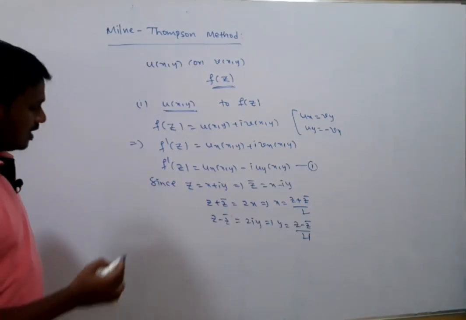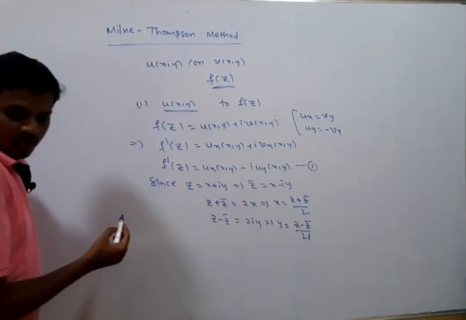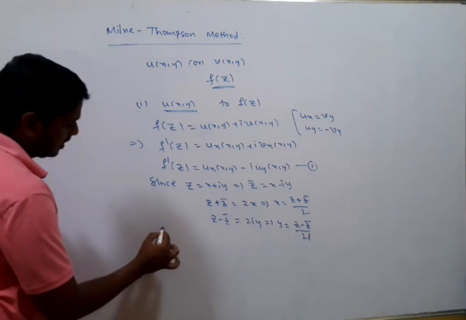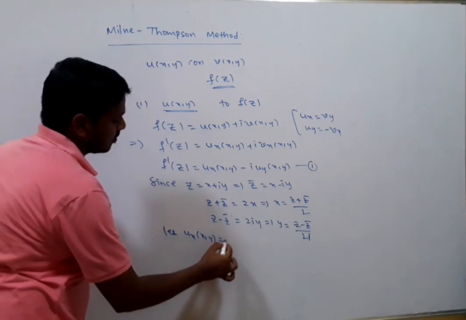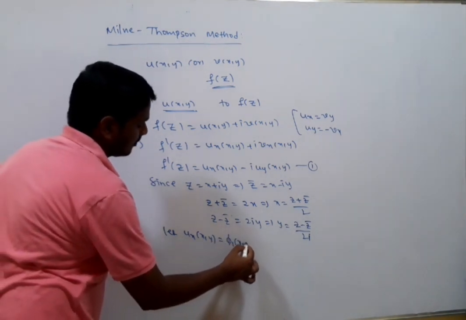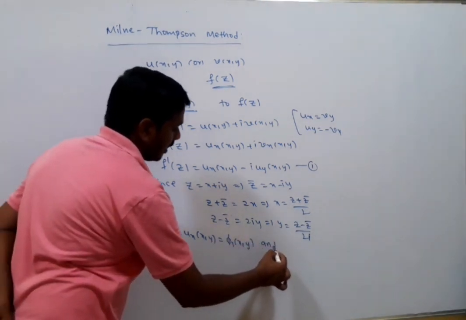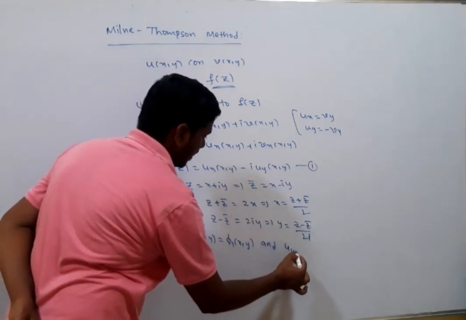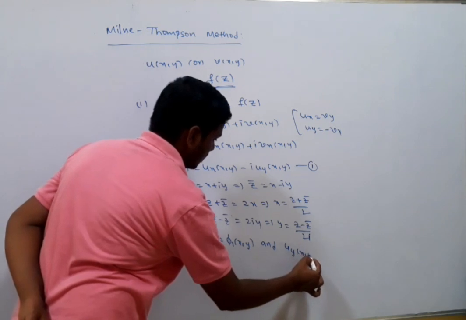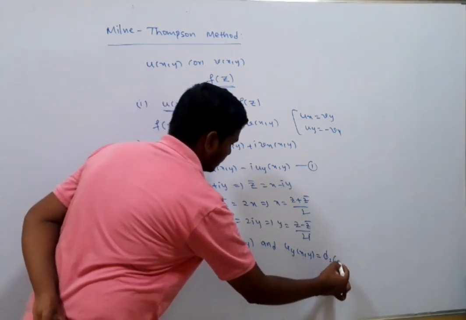Now here, if I am going to take, let ux of x comma y equal to phi 1 of x comma y, and uy of x comma y equal to phi 2 of x comma y.